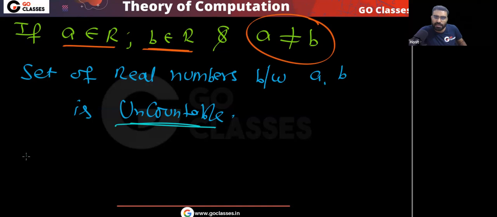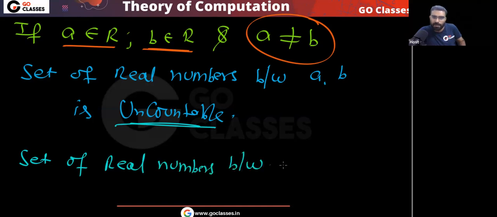So similarly, you can easily see that the set of real numbers between 0 and 0.5 is also uncountable.